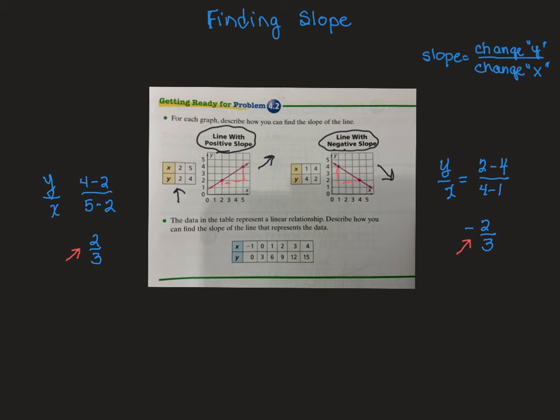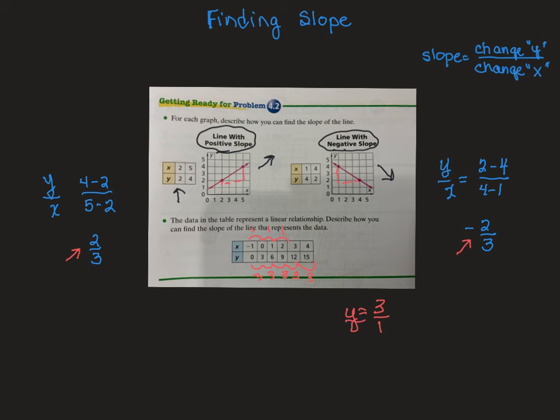Okay, so the change in y is what? Every change in y is 3 and 3 and 3 and 3 and 3. So my change in y is 3, and my change in x is 1, so 3 over 1.